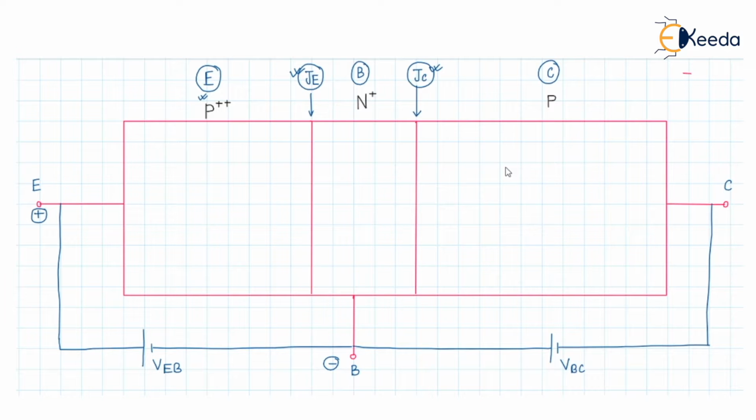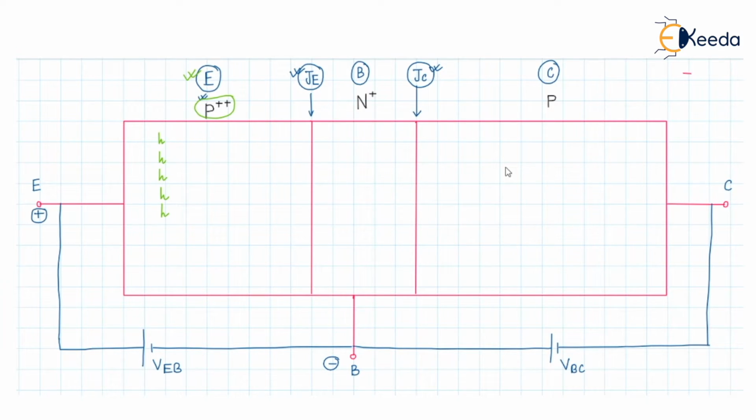Since the emitter region is a P plus region, there will be lots of holes inside the emitter region. These are the holes present, which are the majority carriers of the emitter.